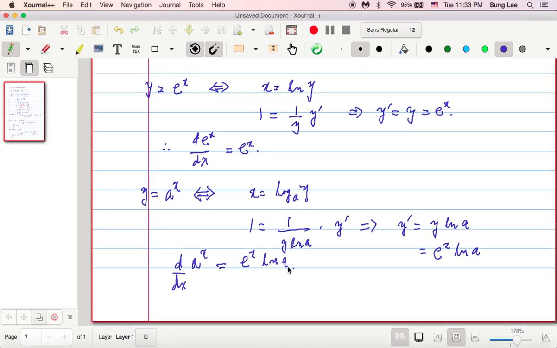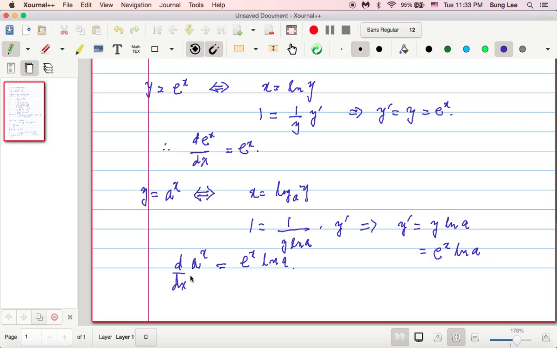As you might have noticed, in this case I didn't use the fact that the derivative of e to the x is just e to the x. It's totally separate from this, and I was able to get the derivative of a to the x, right?